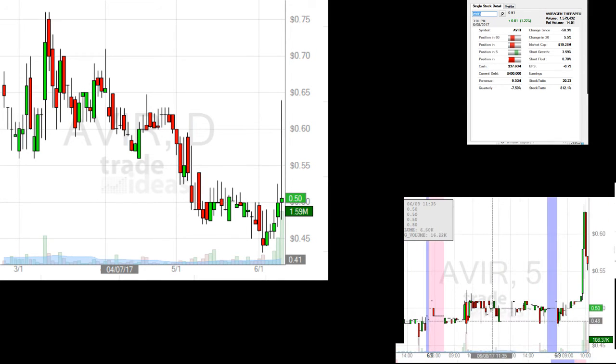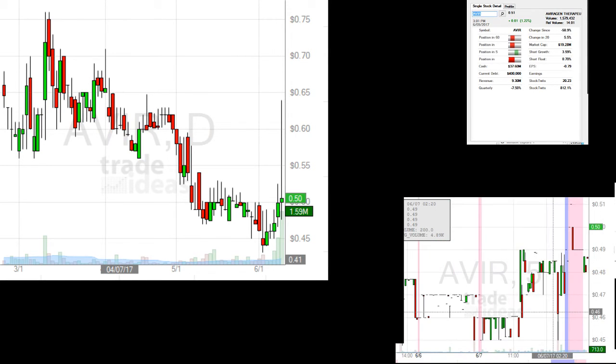You can kind of see this channel right here, this channel of 48. This is going to be pretty much the median of the stock. You've got this 48 to 51 right here. It's kind of stuck in this range over the past couple of days.